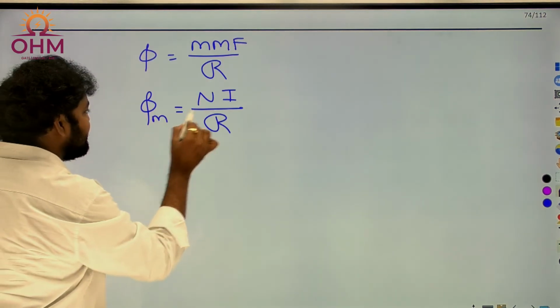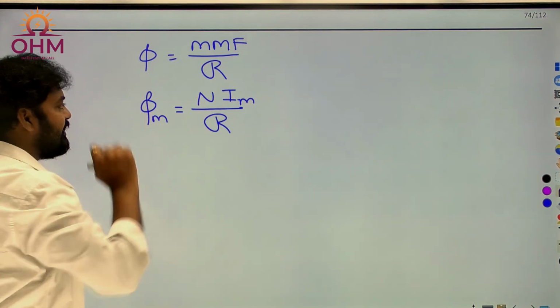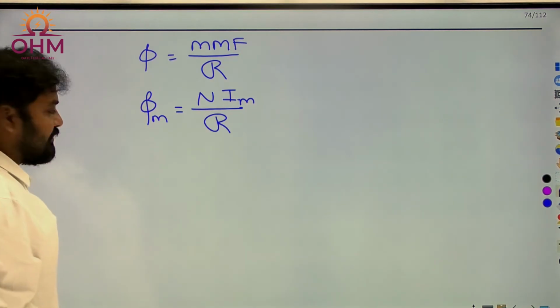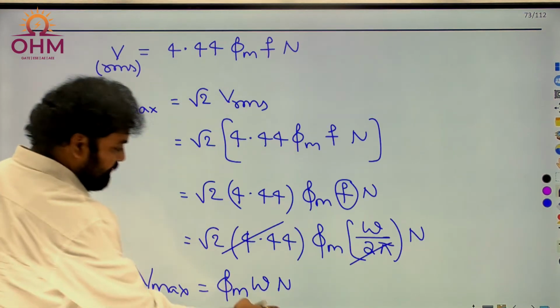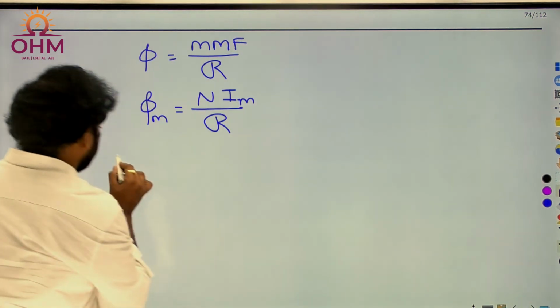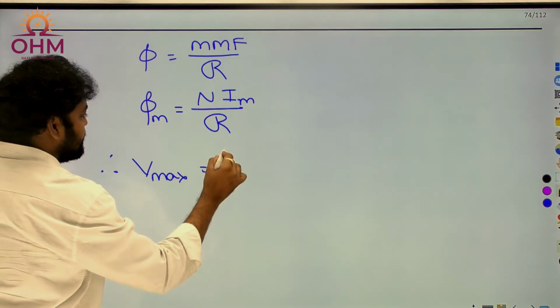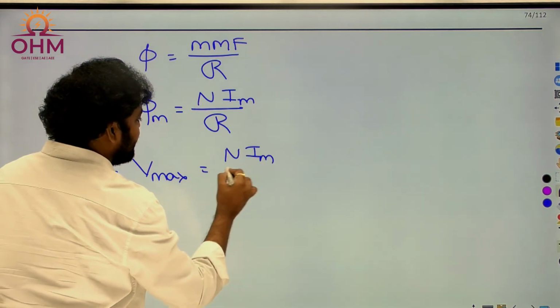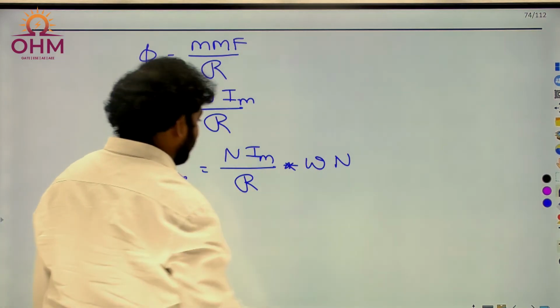Then maximum flux will be obtained from maximum current. Right or not? Now replace this maximum flux in the previous equation. Therefore Vmax is equal to number of turns into maximum current divided by reluctance, into omega into number of turns.